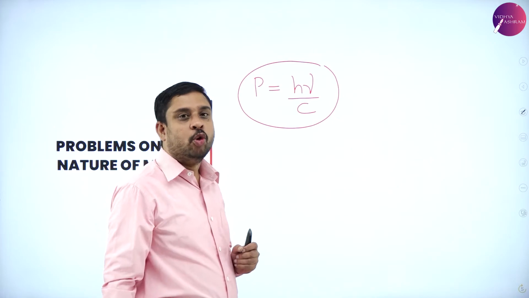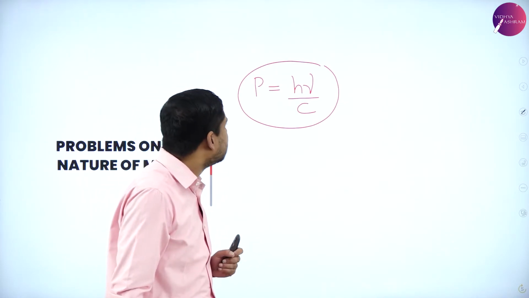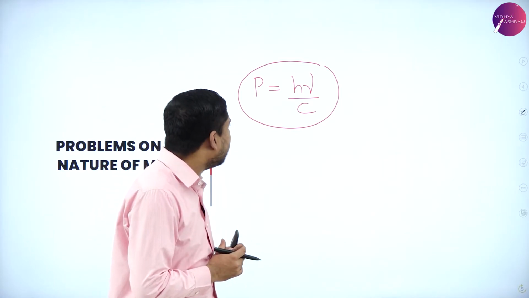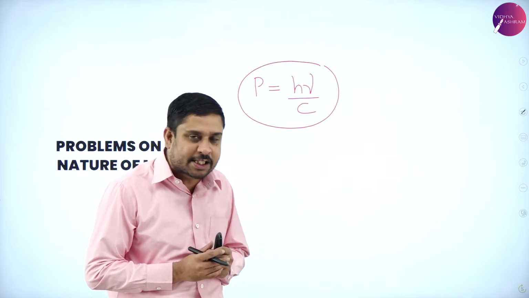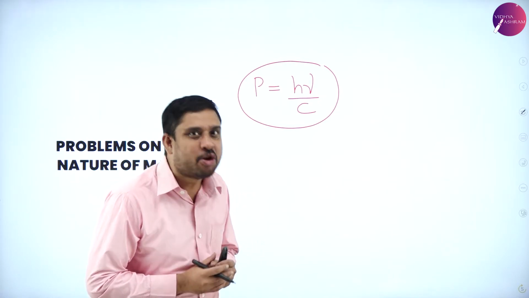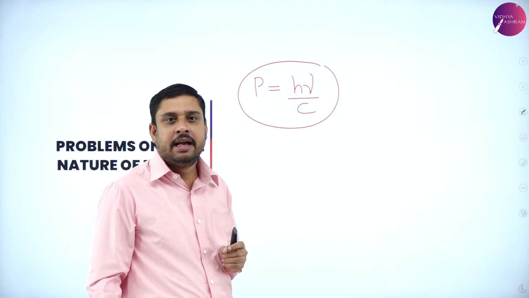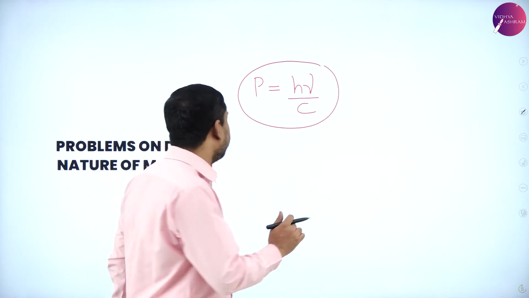You need to know this expression. Momentum is h nu divided by c. What is the rest mass of a photon? 0. What is the momentum of the photon? h nu divided by c.